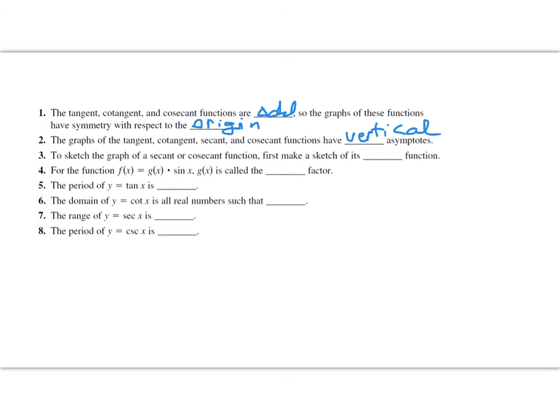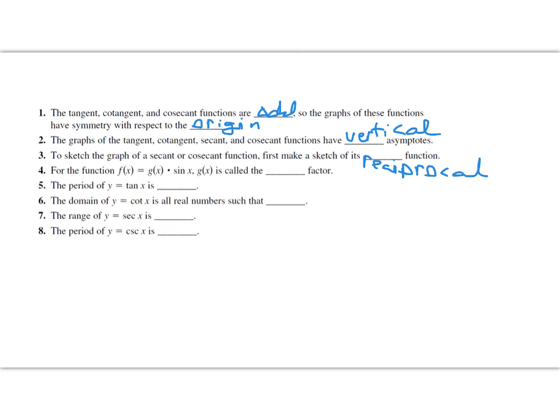We looked at those. To sketch the graph of a secant or a cosecant function, first make a sketch of its reciprocal. In other words, make a sketch of the sine or the cosine, and then just use the humps and flip them.